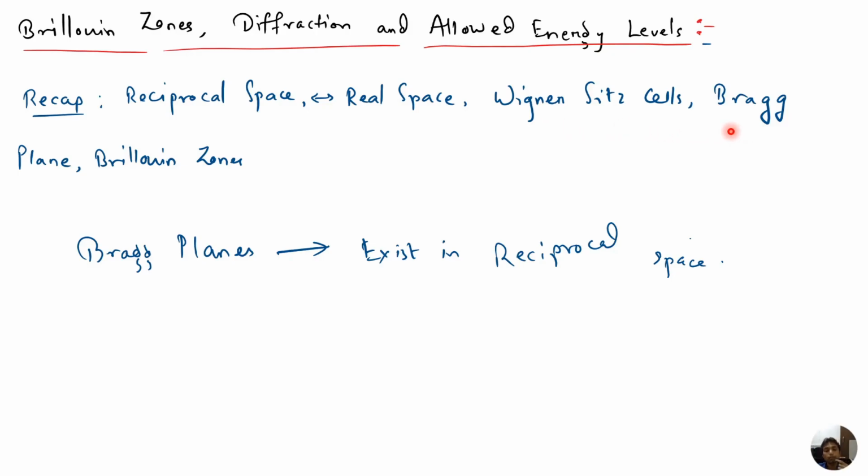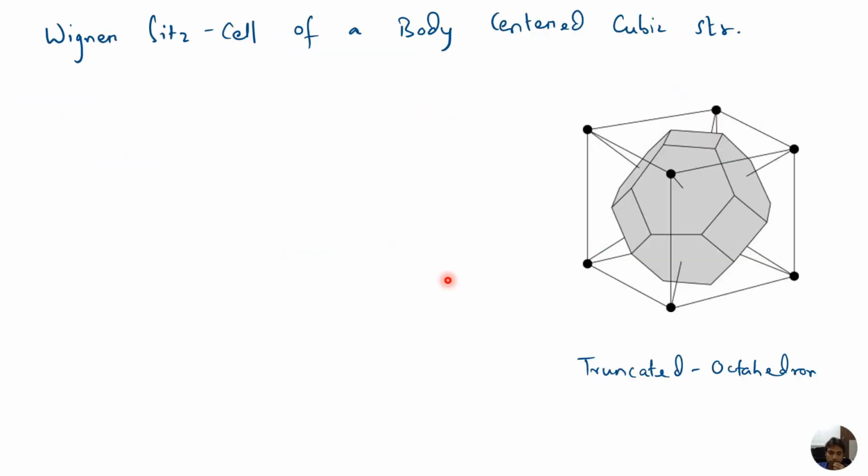And we know what the Bragg planes are. Bragg planes are the perpendicular bisectors of the lines joining two reciprocal lattice points. And we know what the Brillouin zones are: the first, second, and third Brillouin zones. These Bragg planes exist in the reciprocal space. This we just saw.